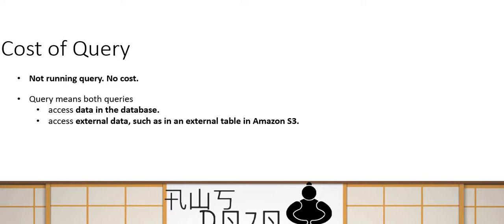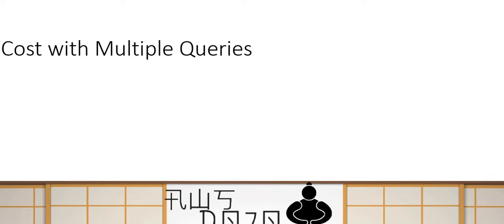If you're querying data from that, even that query is considered as a Redshift query here. So both querying internal data and querying external data are considered as a query. But if you are not running any query, there is no cost for it.